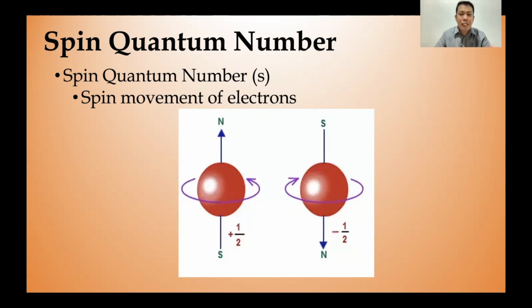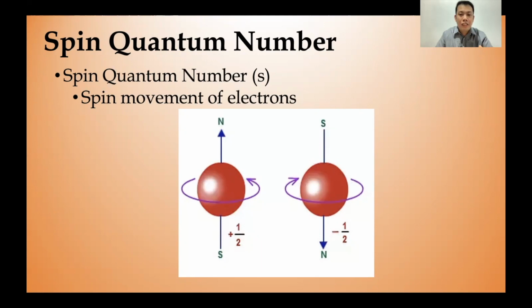Principal is small letter n. Azimuthal is letter L. It is usually a slanted letter L, but sometimes it looks like a lambda symbol, and sometimes just letter L without any italicized setting.